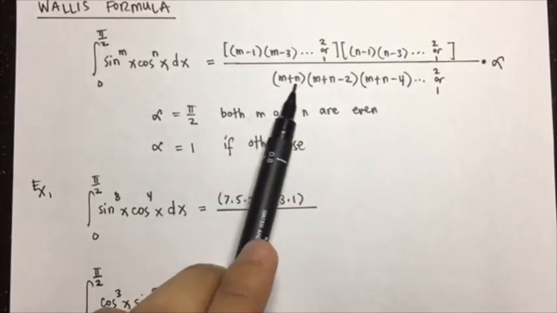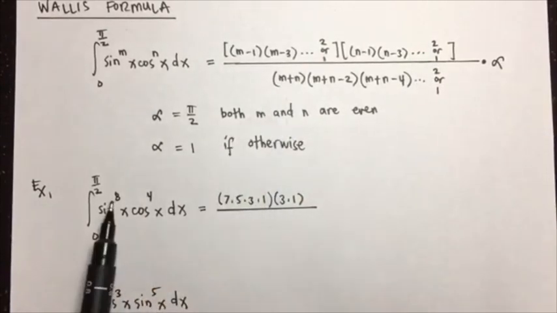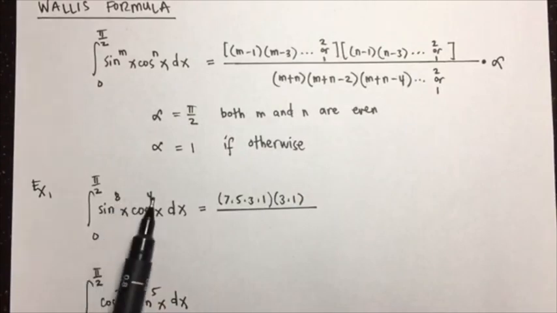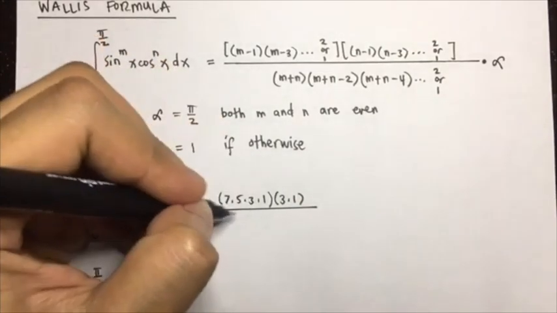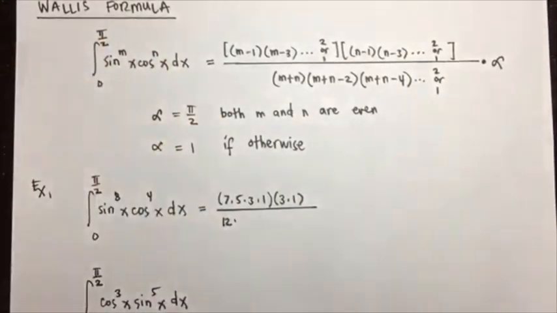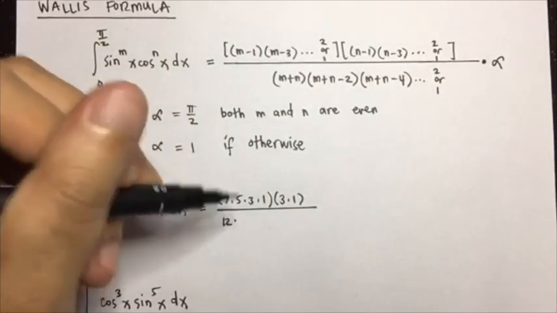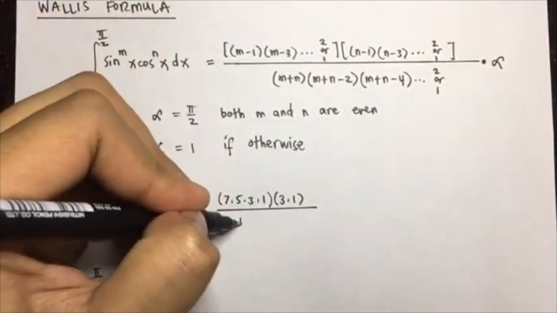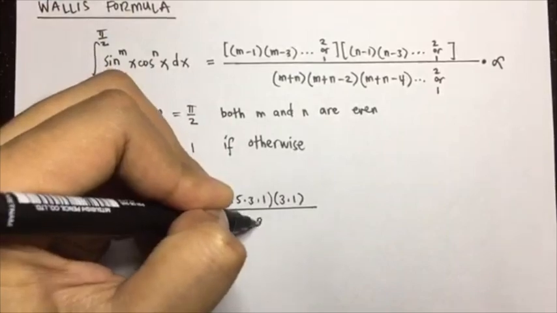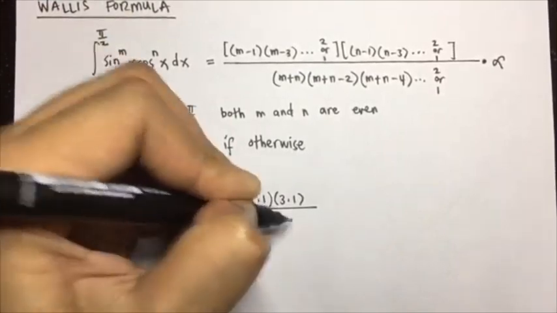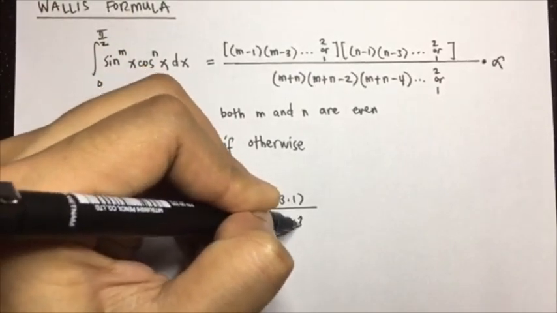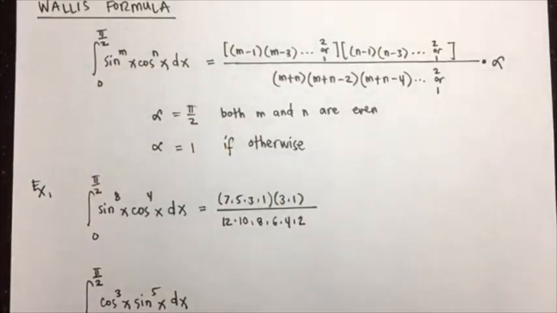And then in the denominator, m plus n. Our m is 8 and n is 4, so m plus n is equal to 12. Then continue minus 2, minus 2, minus 2: 12 multiplied by 10, by 8, by 6, by 4, and then by 2, and we stop there.